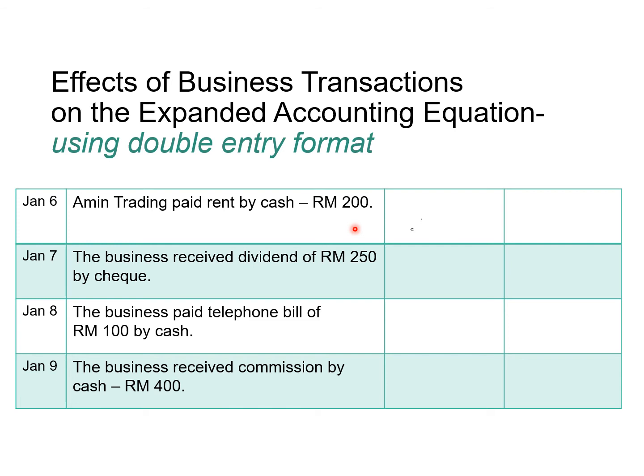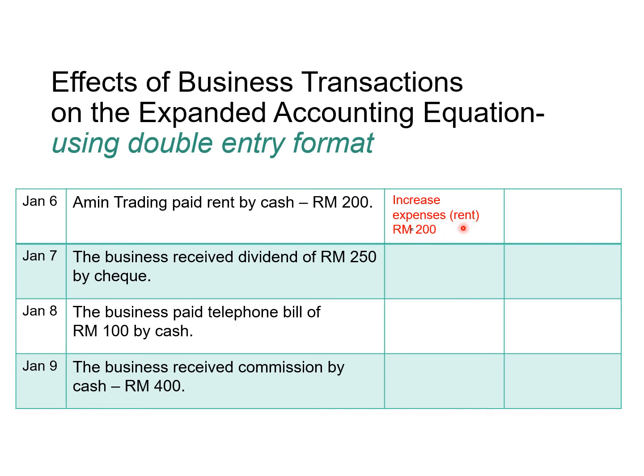So, apa efek kepada accounting equation? Apa yang increase, apa yang decrease, ataupun apa yang increase dan apa yang increase. Okay. So, first impact adalah dia akan increase expenses sebanyak 200. Expenses tu merujuk kepada rental expenses lah.